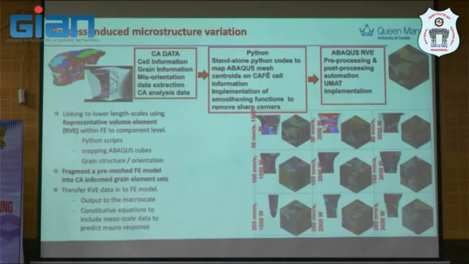The output to the macro scale is a constitutive equation of the two-phase material. So these are the 9 conditions that we have, and we have 9 microstructures here as well, at different process conditions.